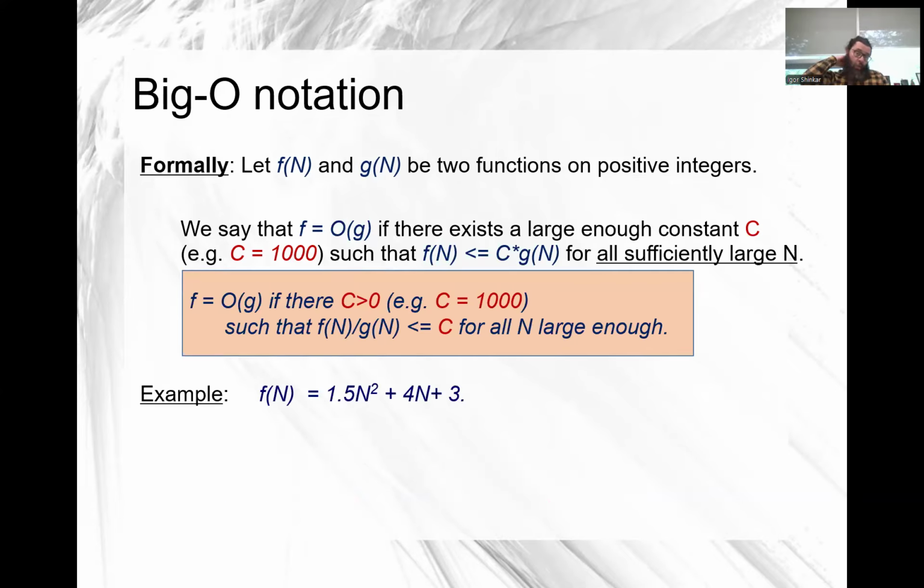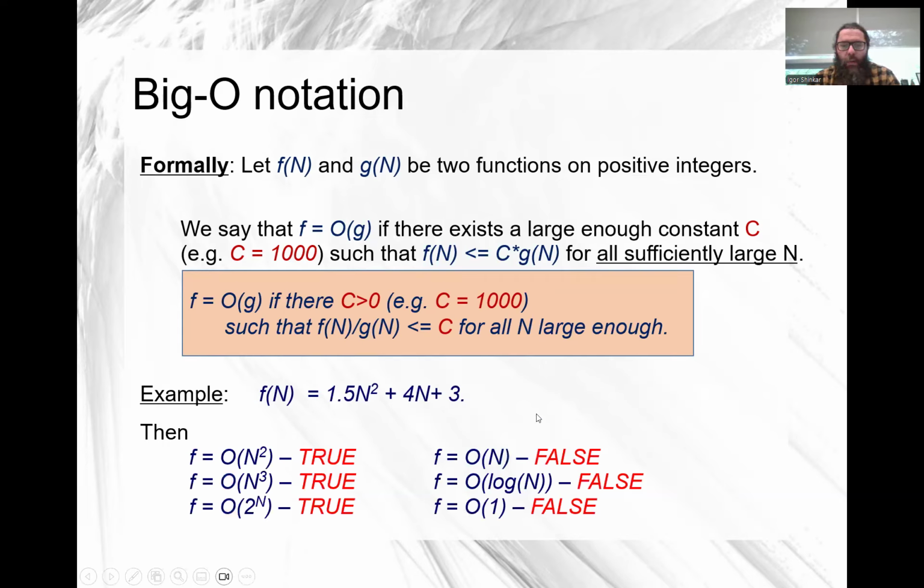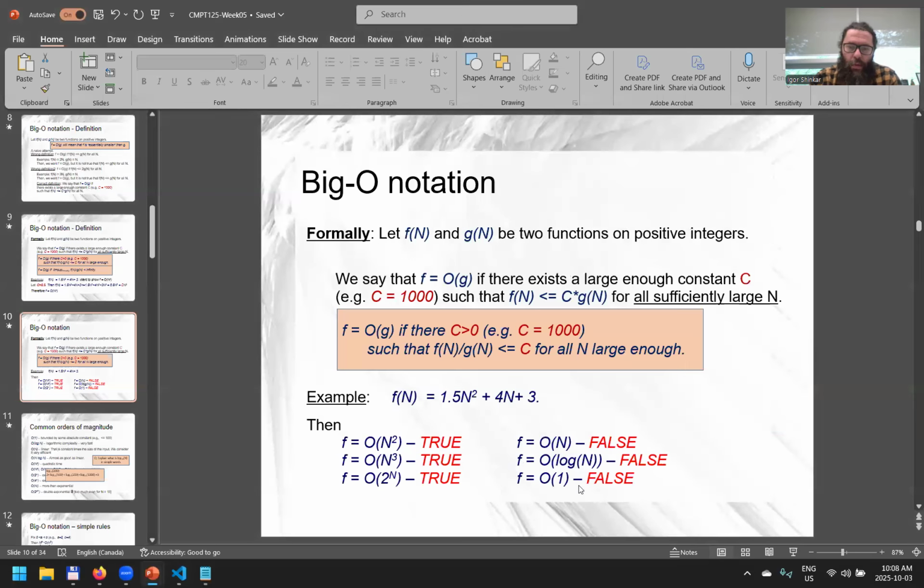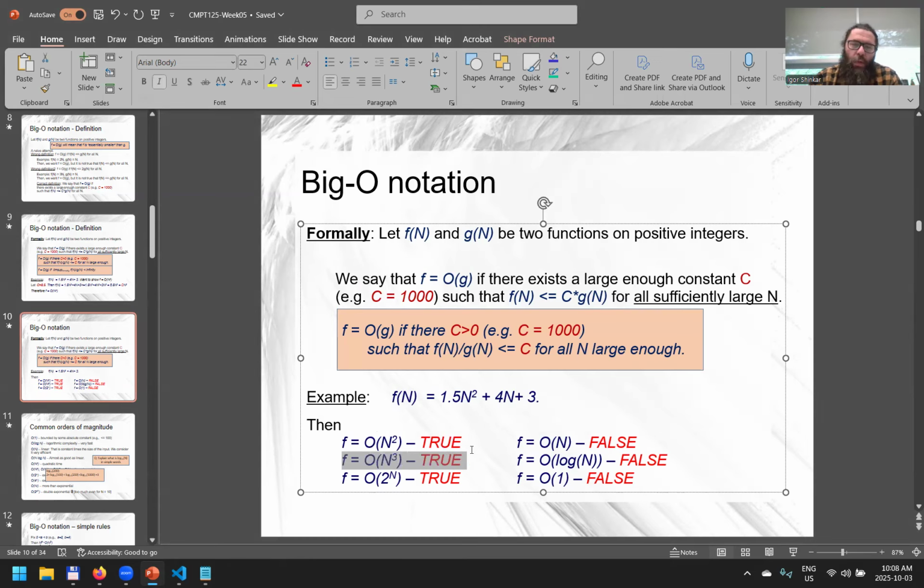Right. So again, this is just the formal definition, and let's try to do these exercises. So why is it true? So okay, this one we show that it's true. What about this one? So actually, this is also true that f is order of n cubed. Why?